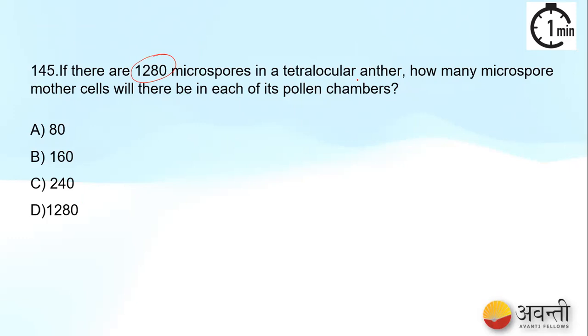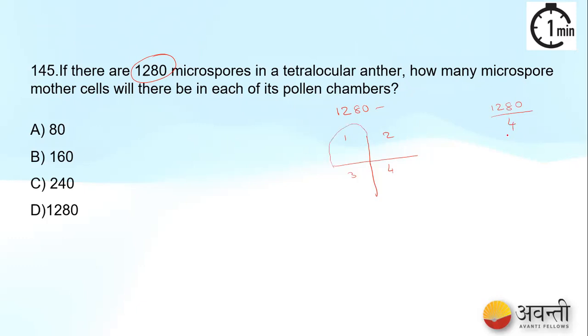The question says there are around 1,280 pollen grains in an anther, and they specifically mention that it is tetralocular. That means there are 4 chambers. That is what a tetralocular anther is. Now, if there are 1,280 pollen grains in the whole anther, let us see how many we have in each locule, or each chamber.